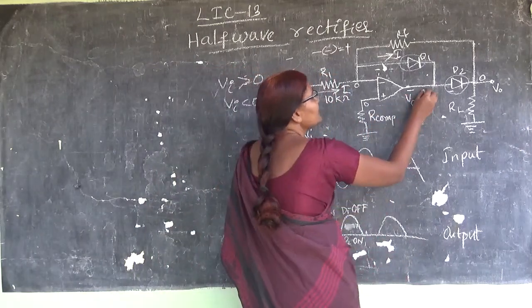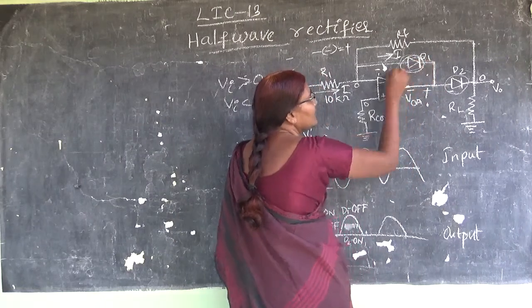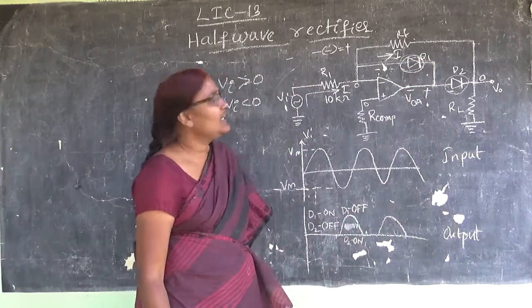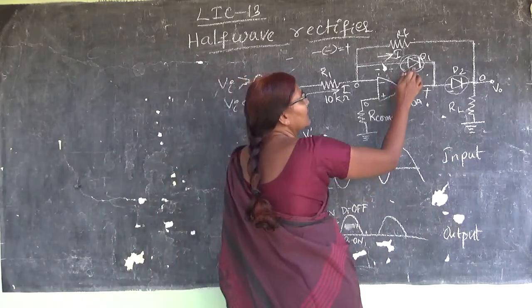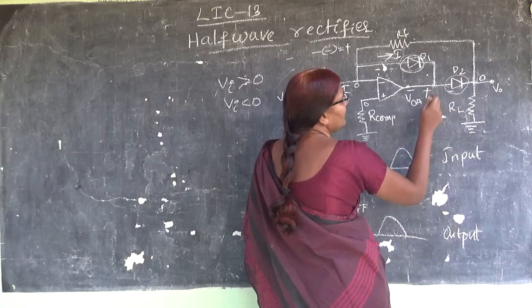So this positive output will make this diode reverse biased and this diode forward biased.